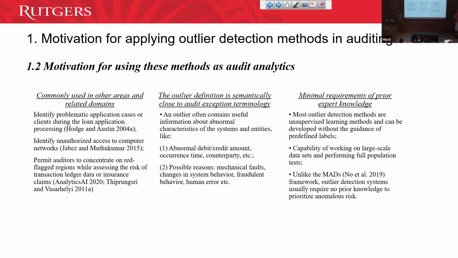In this sense, they do not require the guidance of predefined labels. So that can really save auditors a lot of time and effort, and they don't need to label the transactions one by one. And on the other hand, compared to some expert systems like the matrix framework, outlier detection systems usually require no prior knowledge to prioritize the suspicious risk.